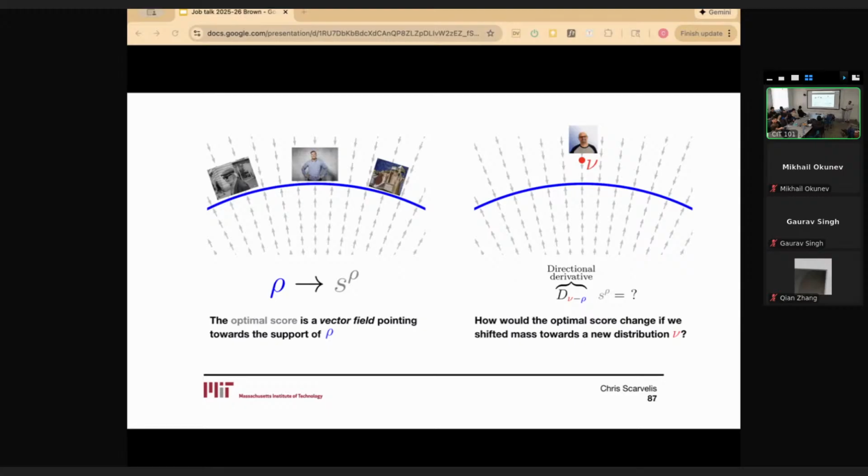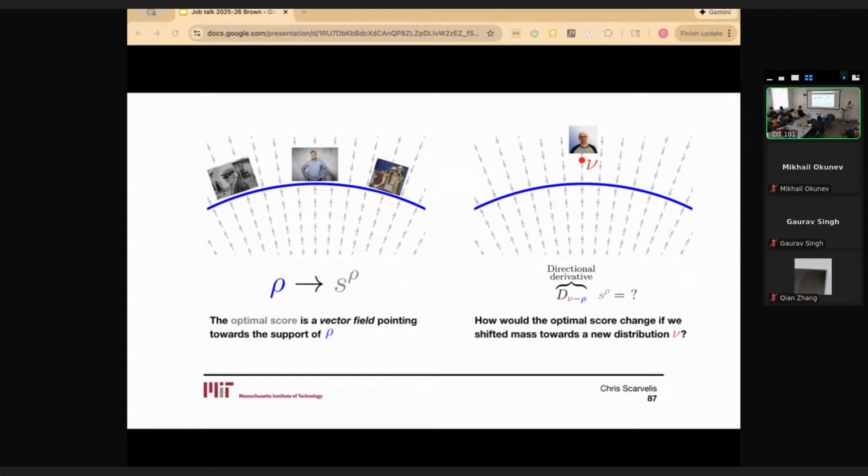Now, here's why you might expect this to be possible. The optimal score function is a vector field that points towards the support of the target distribution. Since there's a unique optimal score for any target distribution, that map from target measure to the optimal score is perfectly well defined. It's a valid function. Now, if that map is also well behaved enough, we might just be able to differentiate it.